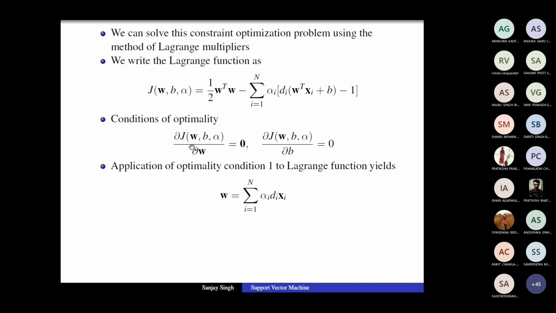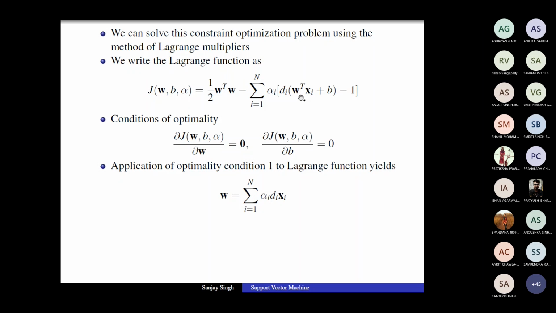The first one, when I differentiate with respect to W, what will happen there? Only this particular part will have W. Here it becomes 2W by 2, so the 2 will cancel, and only W remains.